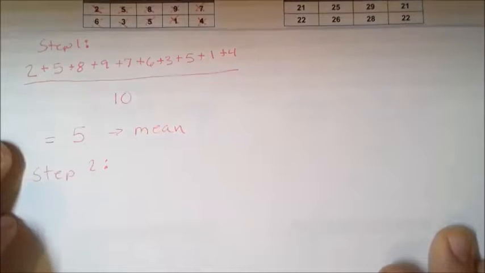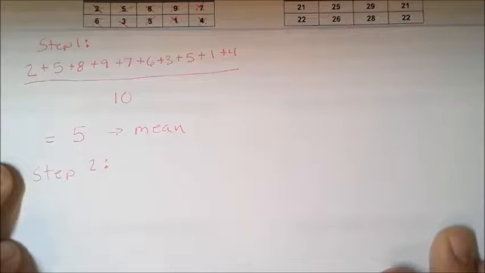And step 2 is that we're going to find the distance that each one of these values is from our mean. So we want to find the distance from the mean, but we want to take the absolute value of it.